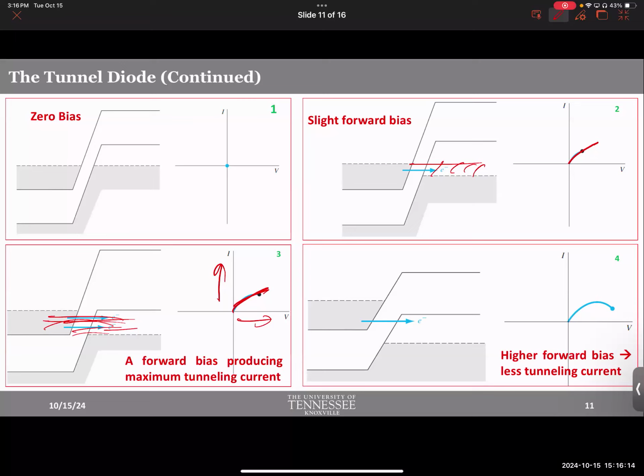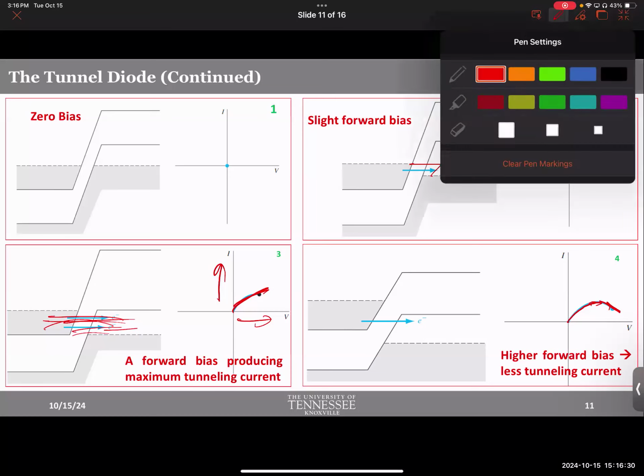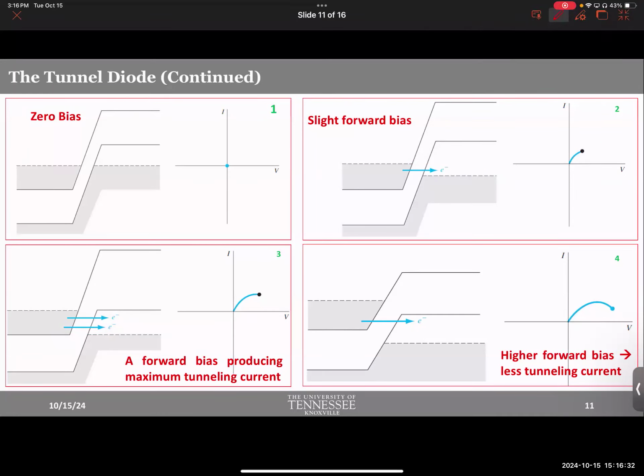Okay. What happens here? Just notice the curve. All of a sudden, it stopped increasing and started reducing. Wow, why is that? Why is the current reducing here? Any idea? Notice, as we keep applying more and more positive voltage, this Fermi level will keep going up.